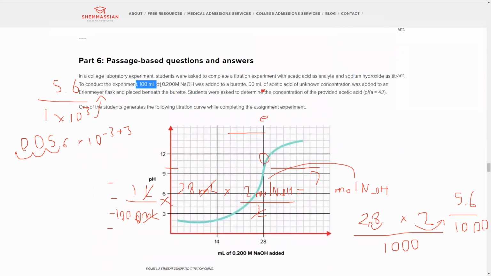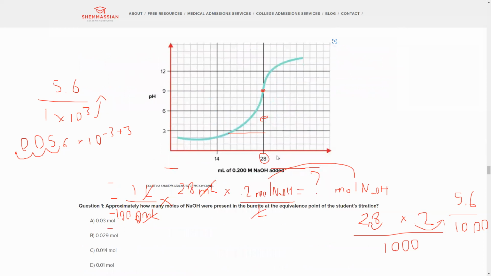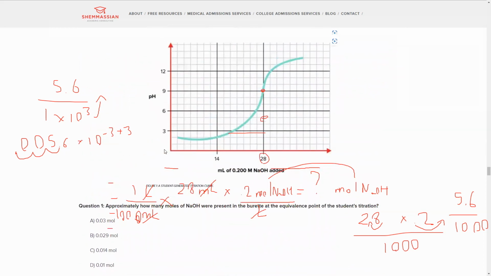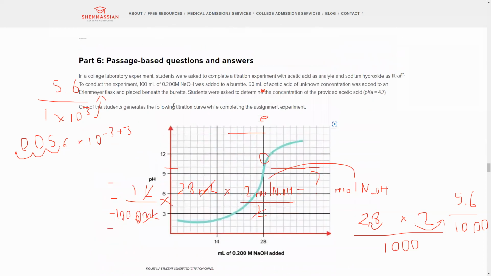But they already had 100 milliliters of 0.2 molar NaOH. To conduct the experiment, 100 milliliters of 0.2 molar NaOH was added to the burette. So it's probably 128 milliliters and not 28. Since we already started with 100 and they're adding 28, right?